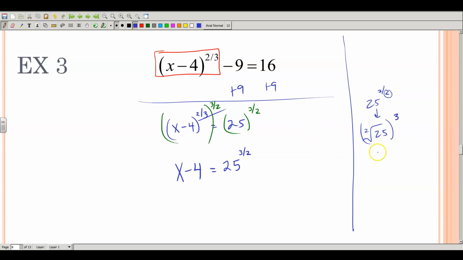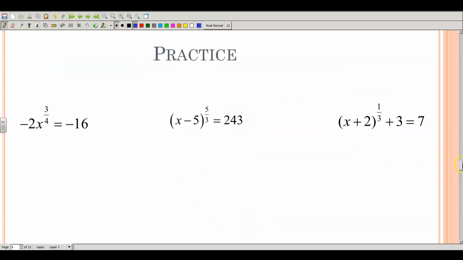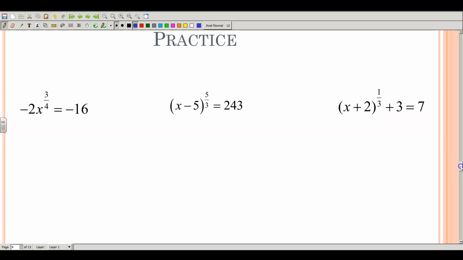So the square root of 25, of course, is 5, and 5 cubed is 125. So I know that 25 to the 3/2 is 125, so therefore x - 4 is 125, and therefore x is 129 as an answer.